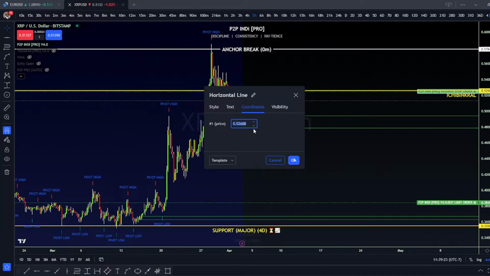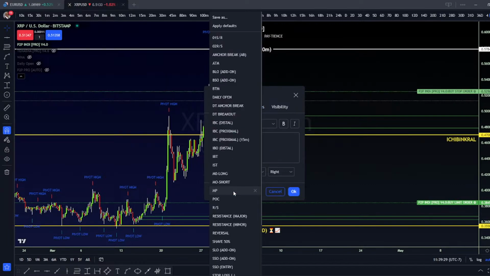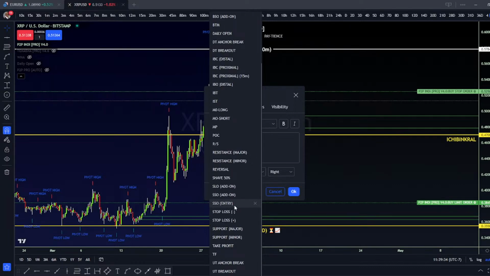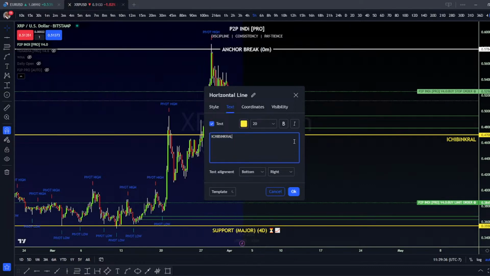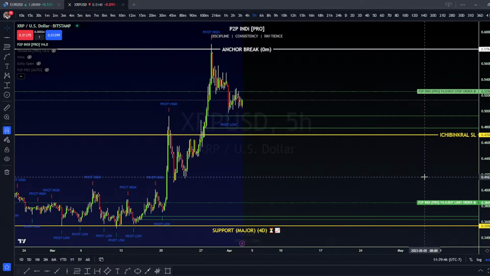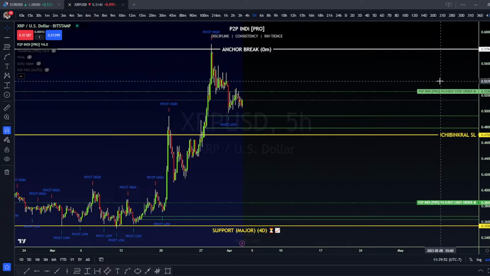You said 0.47. That's where you want to get out at. So we're going to call that your stop loss. So that's your stop loss there at 47. You got in at 54. Oh, you got in up here where it was turning. I see.